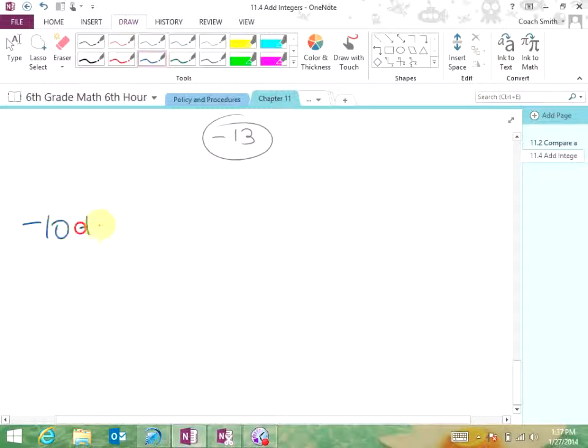All right, now, last thing. Negative 10 plus the missing number equals positive 2. So what they're saying is this: over here, I have 10 negative signs. Over here, I have 2 positive signs.